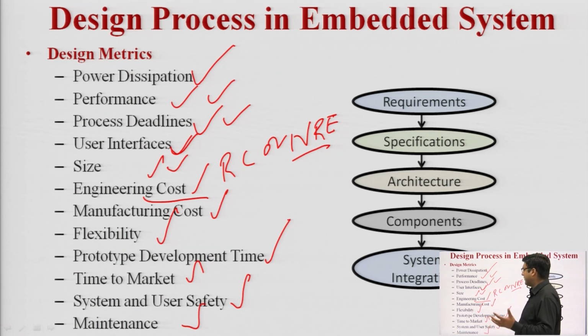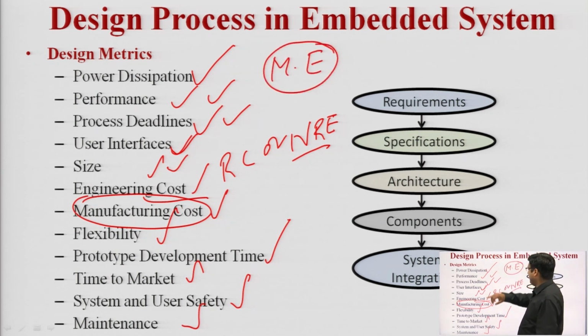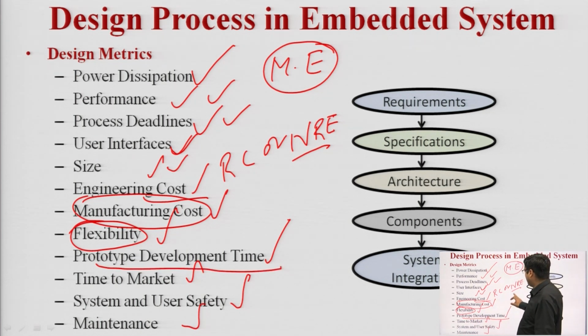Engineering cost should be low, whether recurring or non-recurring. These are the things we have to take care of while designing any product. Manufacturing cost should be low, so that a marginal benefit is maintained. Flexibility: it should be flexible with our environment. Prototype development time should be limited; within a limited time frame we have to design our product.